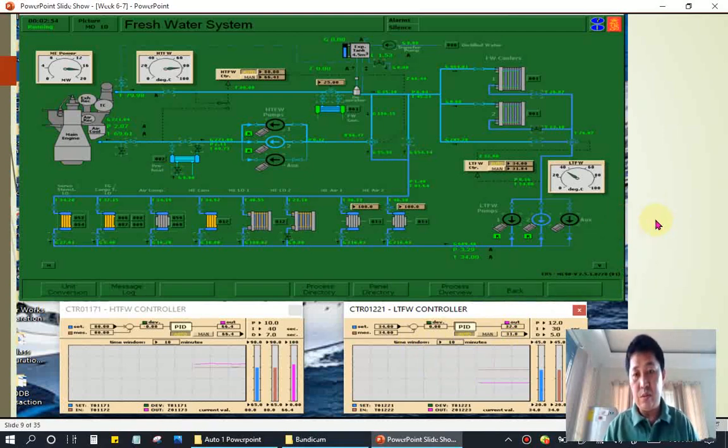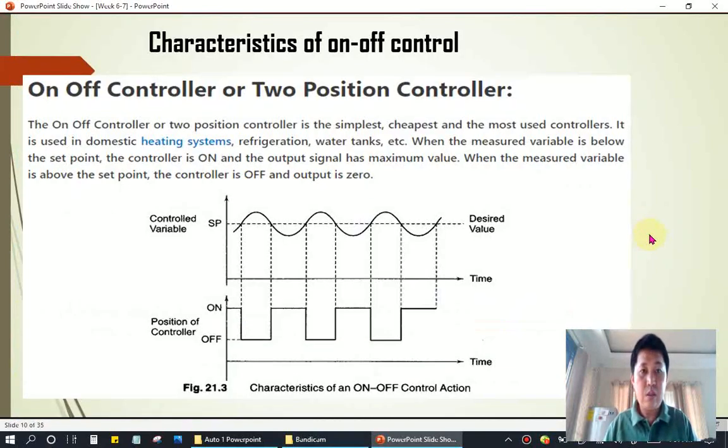So a wide application of the system for automation. Next, we have here the characteristics of on-off control. The on-off controller, or here we have a two position controller.